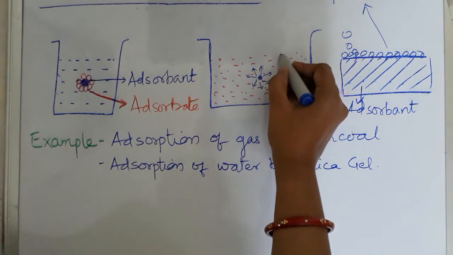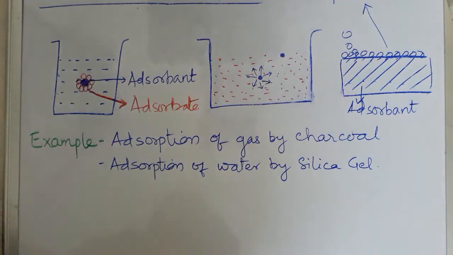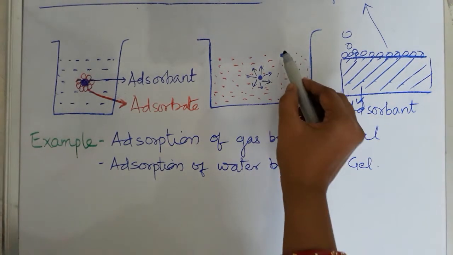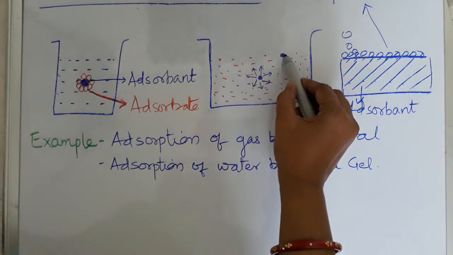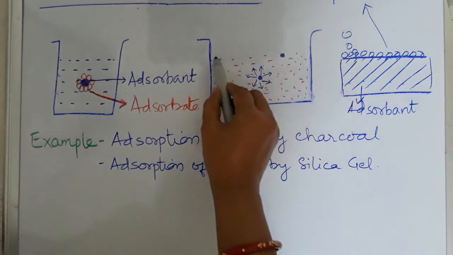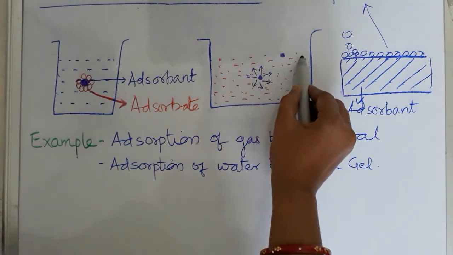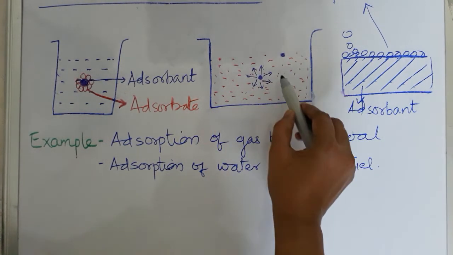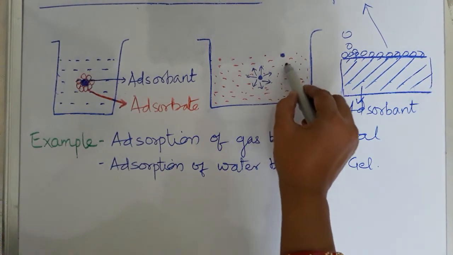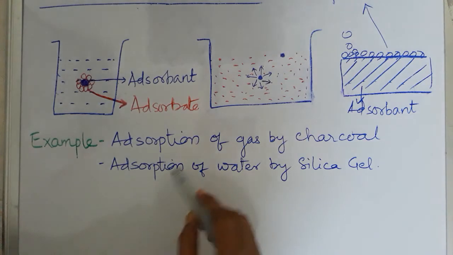But a particle on the surface, say this is the particle on the surface, is not surrounded by any other particle above it. As this is the surface, all the surface particles are surrounded by their own kind of particles only from downward, and upward there is no such particle.